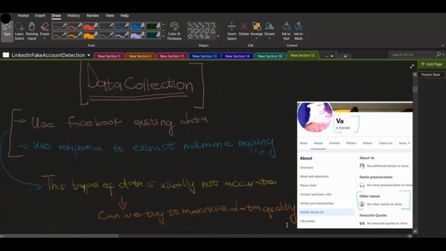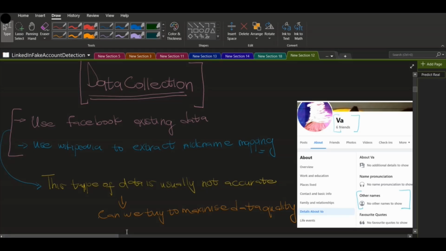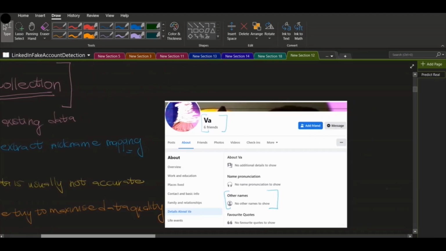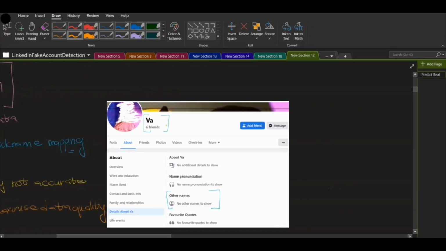So data collection. Because, like I said, this was asked by Facebook, if I go to Facebook, as you are looking at this image, you can see that there's a name, and if you go under details about, you'll see that there are other names.